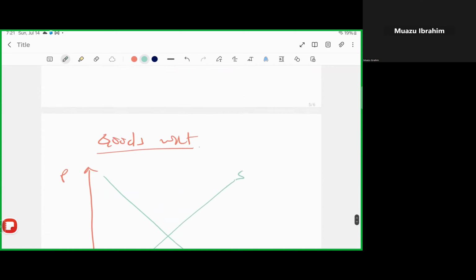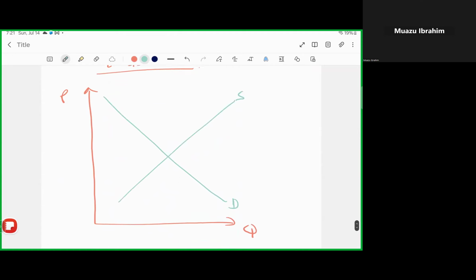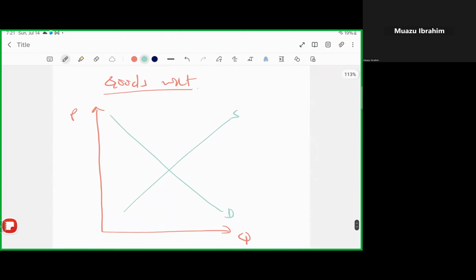Now, when you have government intervention in the market, there is going to be a new dynamic that you will be introducing. This will give us the equilibrium. Remember, we are looking at the goods market.